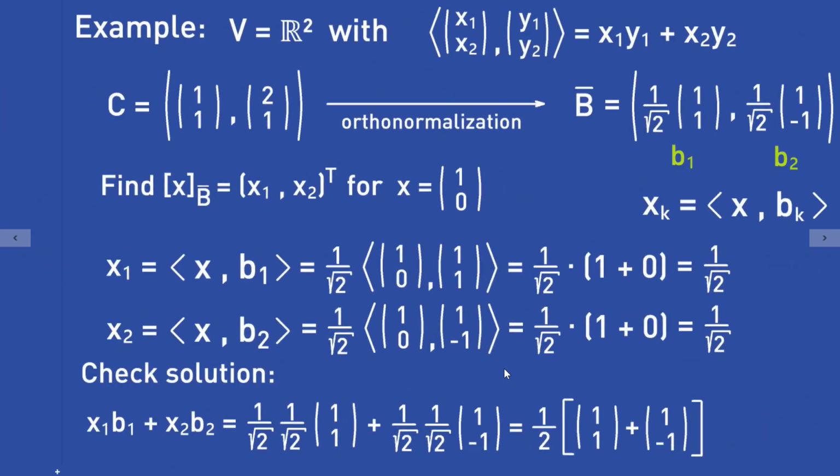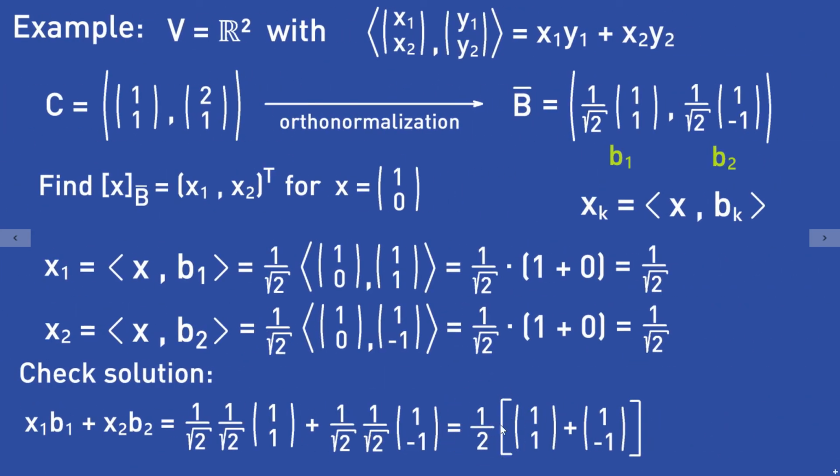This is equal to 1/2 times the vector (1, 1) plus (1, -1). This here is equal to the vector (1, 0), and that vector (1, 0) is the vector x. So you see, these two numbers, x1 and x2, are really the coordinates of x with respect to that orthonormal basis b bar here.